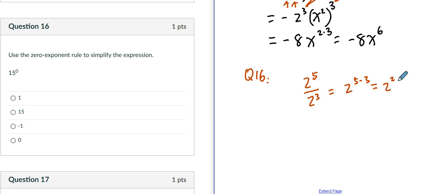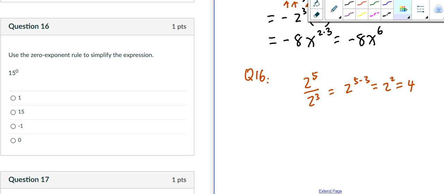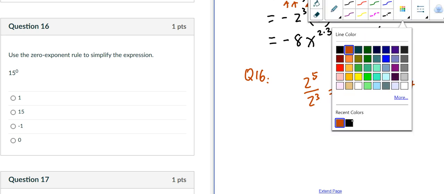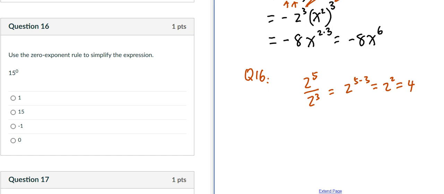That's 2 squared, then that's 4. That's what we got before. We did subtraction right here for 5 and 3. Now, if here is 2 to the 5th divided by 2 to the 5th, upstairs and downstairs is the same number.